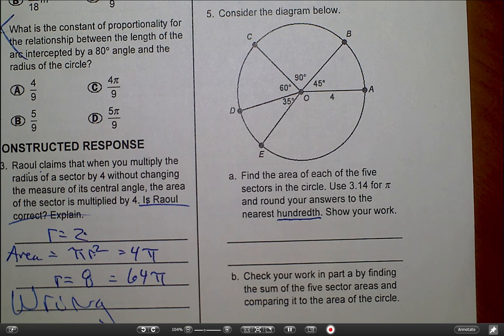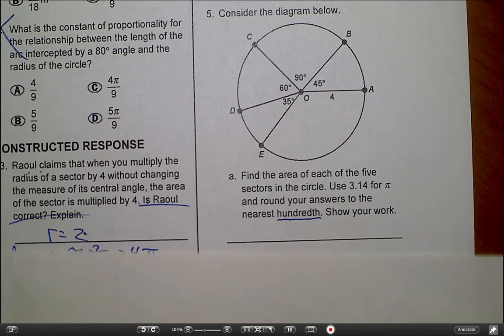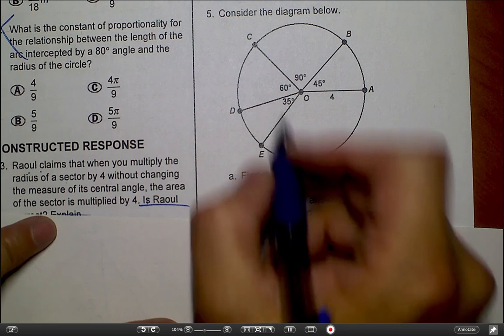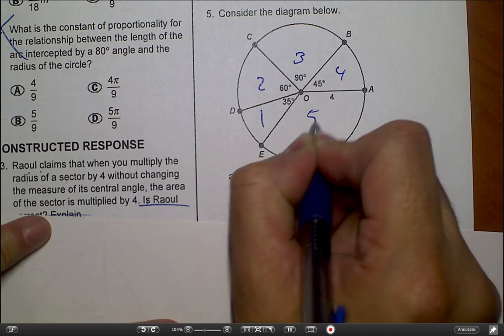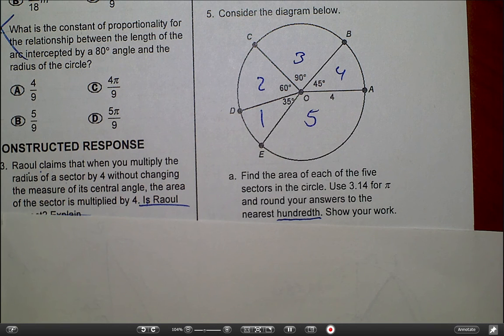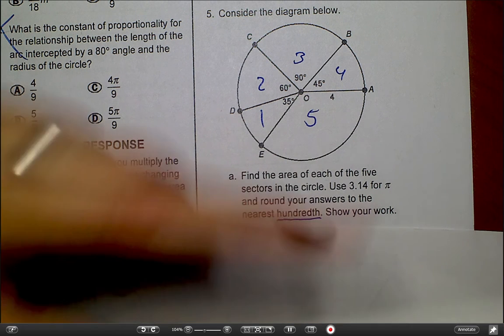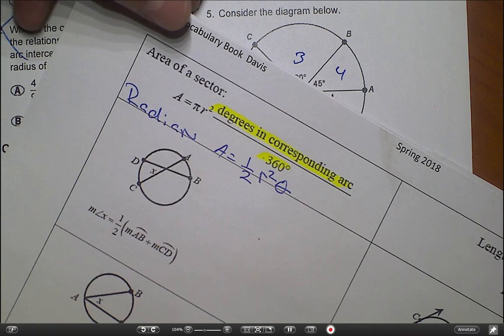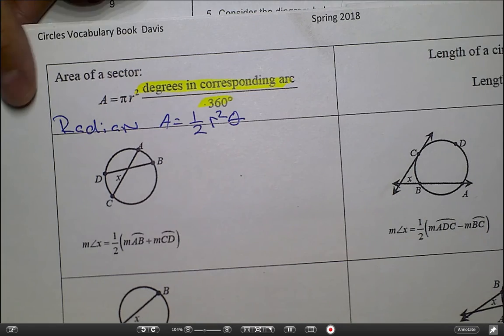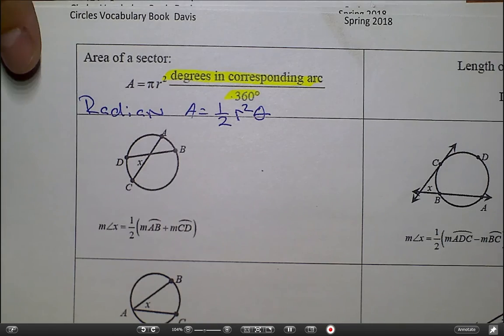We don't have enough space for all the work, so I'm going to label first. I'm going to call these sections 1, 2, 3, 4, and 5. Now, I asked you to take out the vocabulary sheet that has formulas on it. Area of a sector, it's right there, already highlighted.